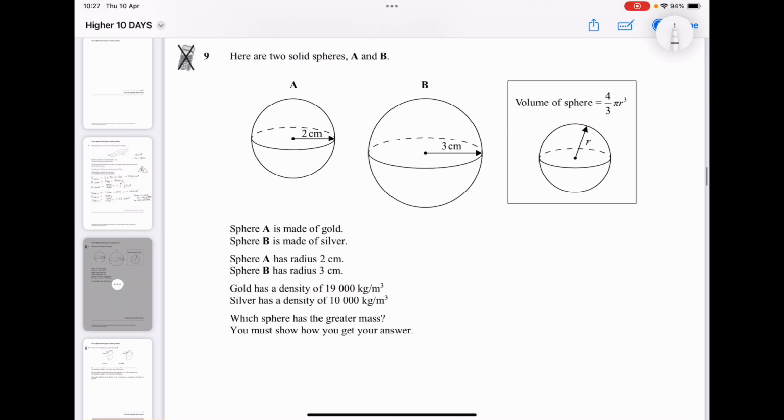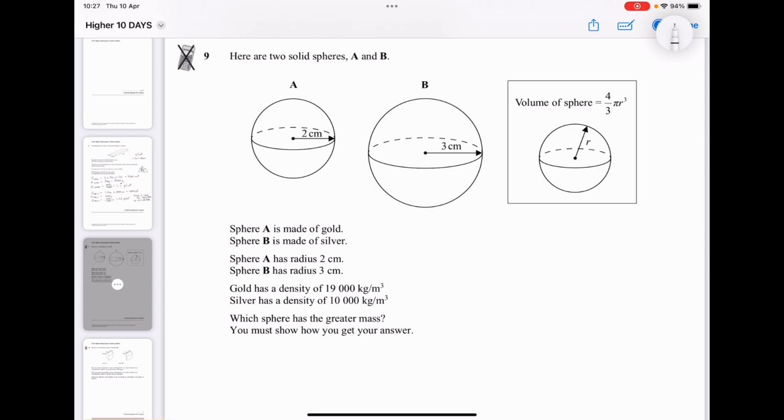Yeah. Okay. Here are two solid spheres, A and B. Solid A is made of gold, solid B is made of silver. Solid A is radius 2 centimetres, solid B is radius 3 centimetres. Gold has a density of 19,000 kilograms per metre cubed, silver has a density of 10,000 kilograms per metre cubed. Which has a greater mass? Show how you get your answer.